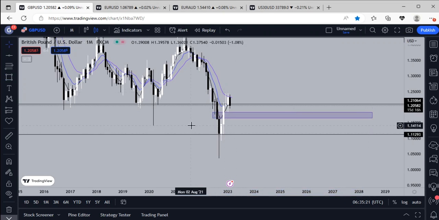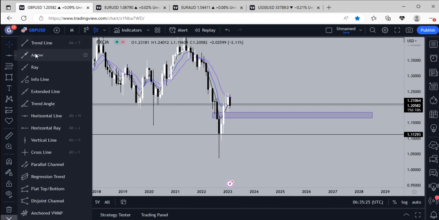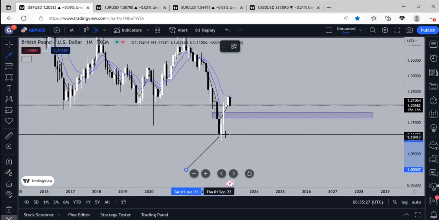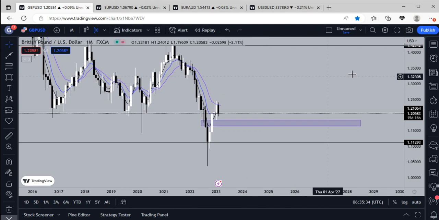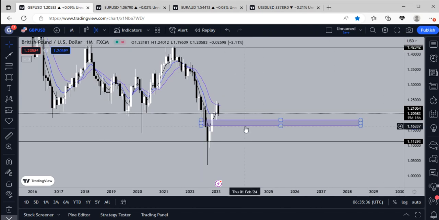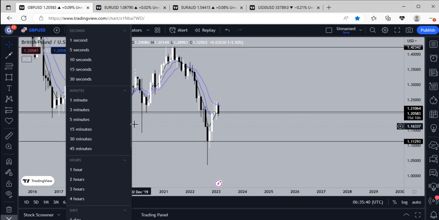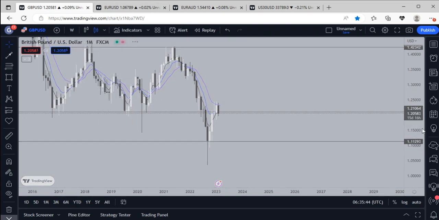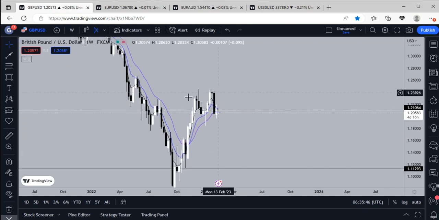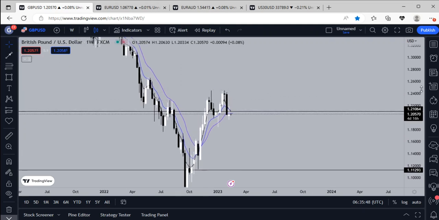So this will be a very important area for GBPUSD to come back into, and it is now adding more confirmation that it's going to be buying to the upside. So at the moment, I'll be a bit more hesitant on selling, and that's what my monthly levels have for me.